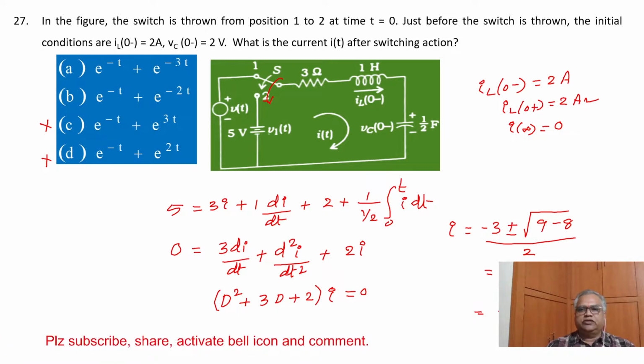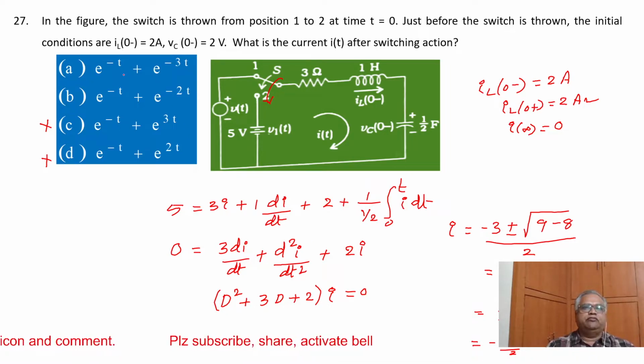One root is minus 3 plus 1 by 2, which is nothing but minus 1. Another is minus 3 minus 1 by 2, which is minus 2. So the two roots are minus 1 and minus 2.